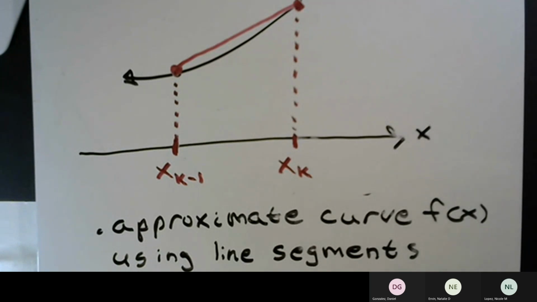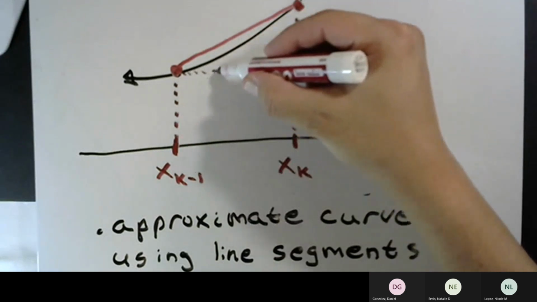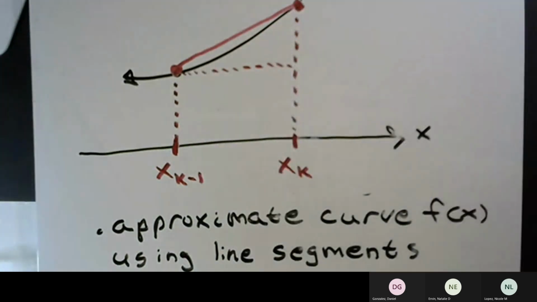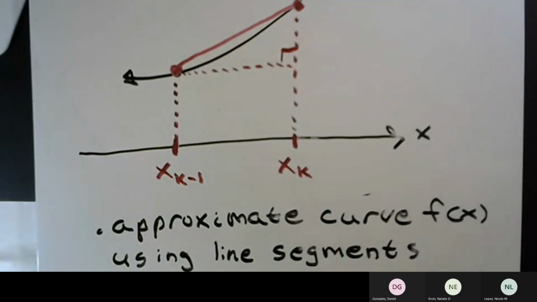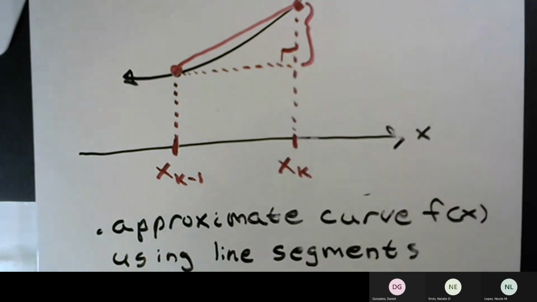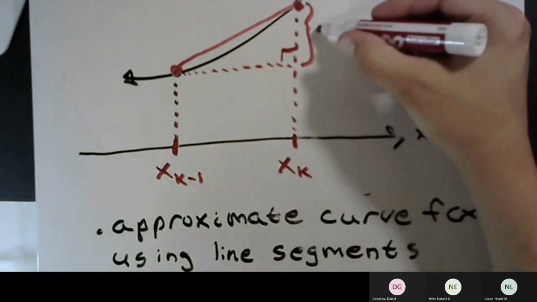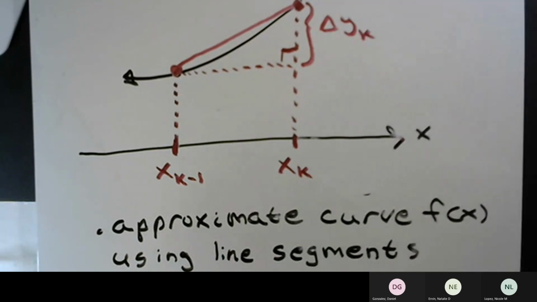And what we can do, we can analyze this like it's the hypotenuse of a right triangle. So we're going to call this the height of this triangle, delta yk.